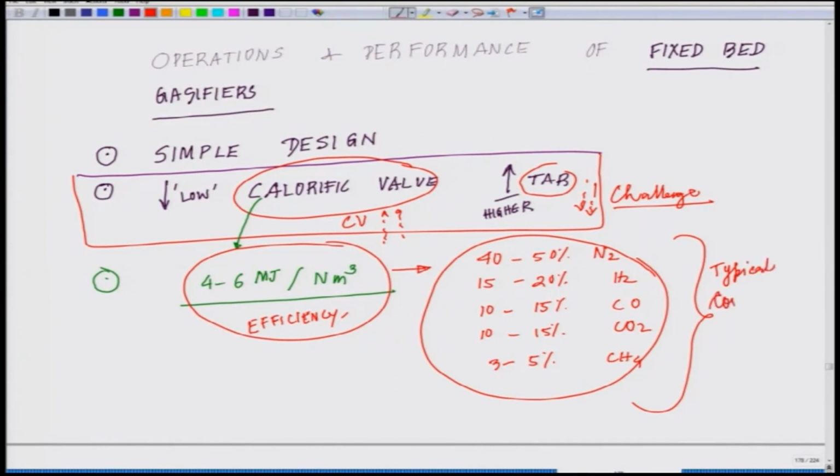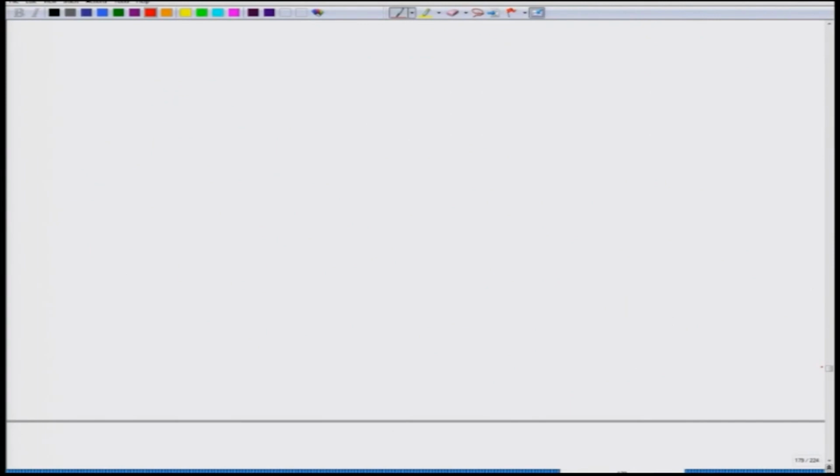Typical composition. Next important aspect is how one can increase. So, this is a challenge, how you can increase the CV or the calorific value. So, one approach is that you have to reduce down on the moisture level.